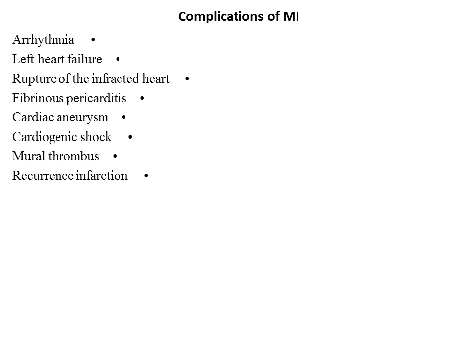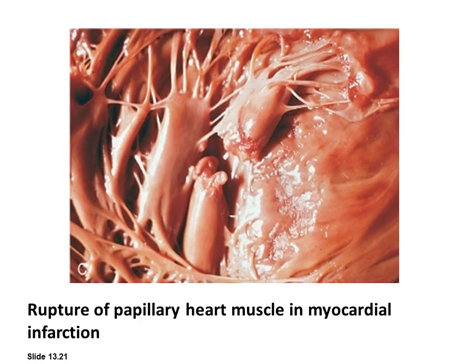Complications of myocardial infarction: arrhythmia, left heart failure, rupture of the infarcted heart, fibrinous pericarditis, cardiac aneurysm, cardiogenic shock, mural thrombus, and recurrence of infarction. In this picture, there is rupture of the heart muscle involved by infarction.